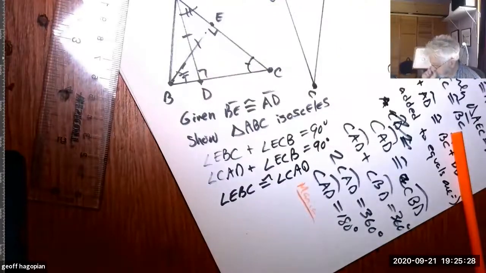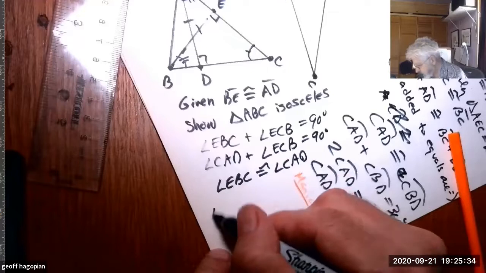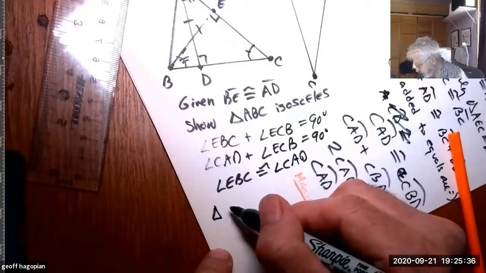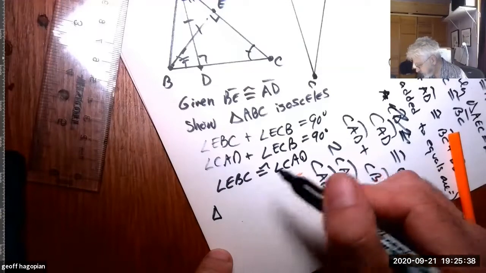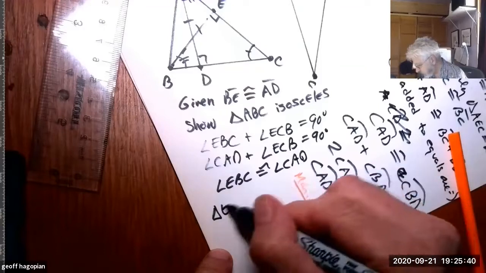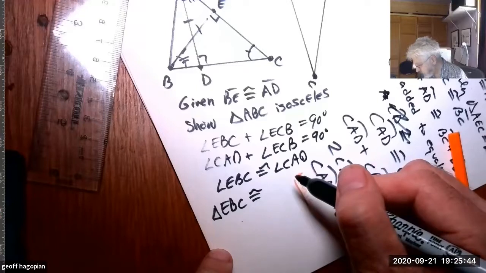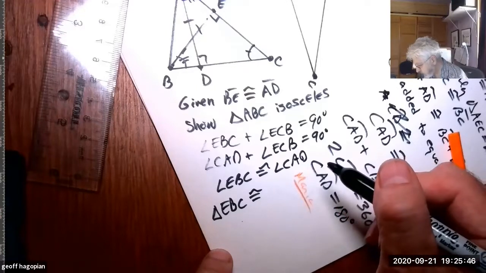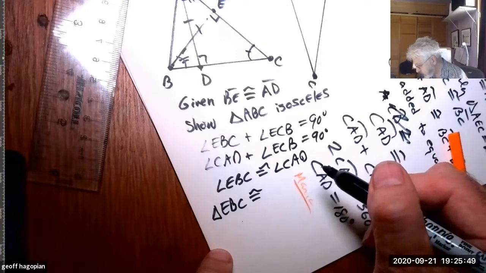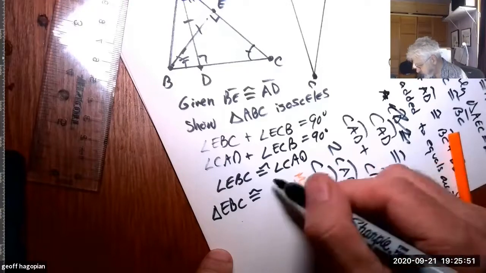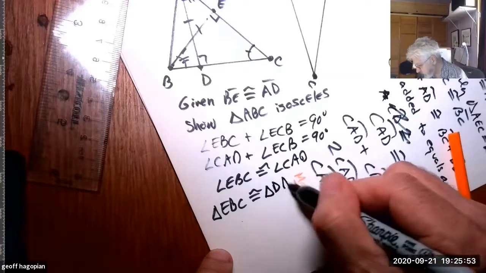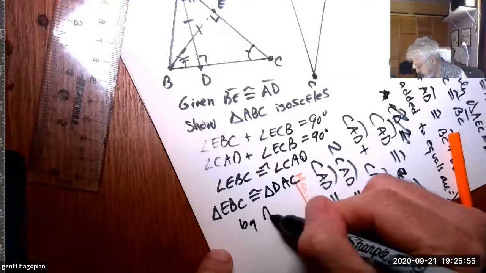So now we have angle, angle, side. So that means that triangle EBC is congruent to triangle DAC, by angle, angle, side.